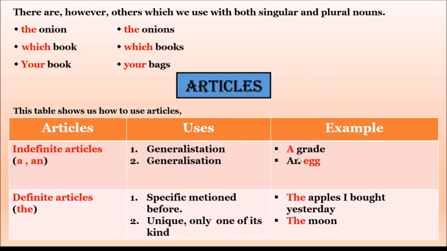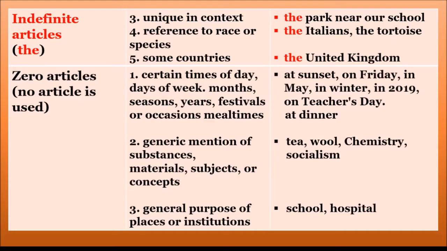So, a grade, an egg. It is a common thing. We use a and an only for common things and not special things. And in this, a will be used in front of a consonant word, and an will be used if a noun is starting with a vowel, isn't it? This is the easiest way to find a, an, and the.